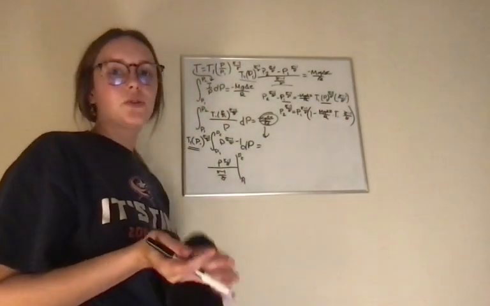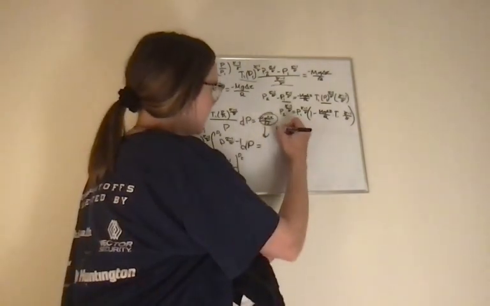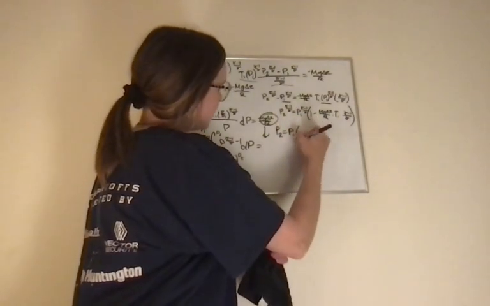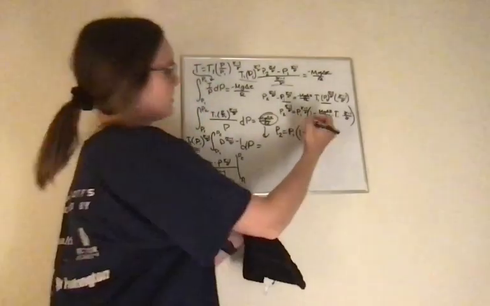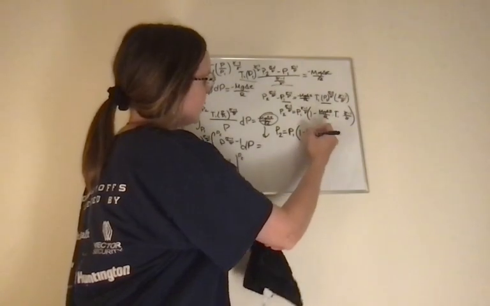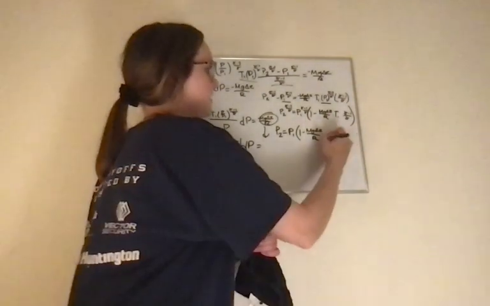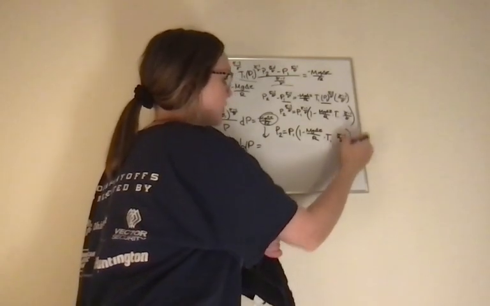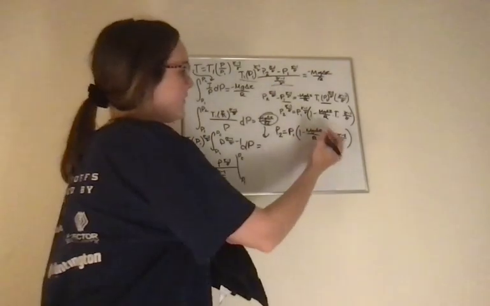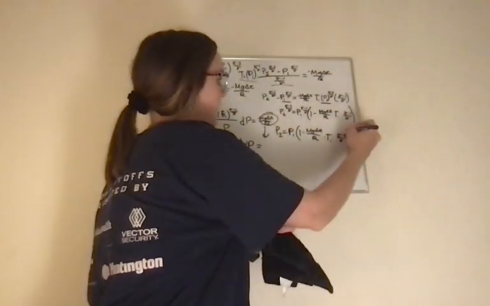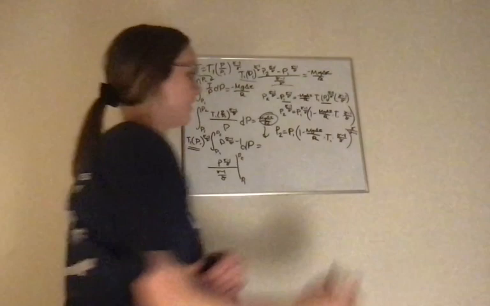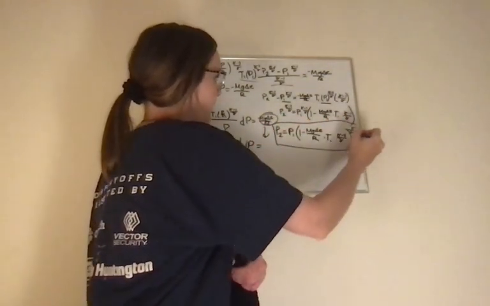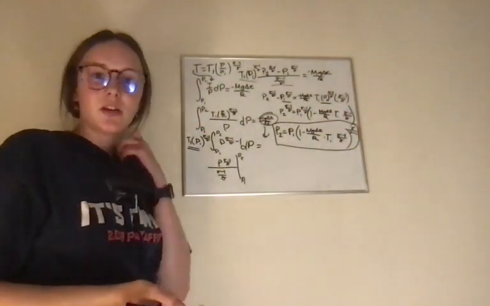And so now we use another property of exponents, and we end up with P2 is equal to P1 times 1 minus mg delta z over R times T1 times gamma minus 1 over gamma, and all of this is going to be to the gamma over gamma minus 1. And so this is going to be our pressure formula.